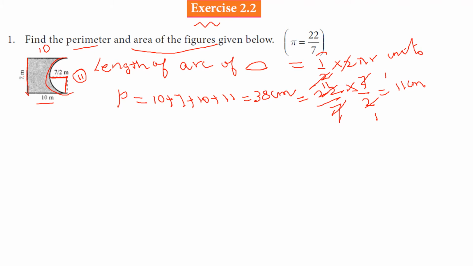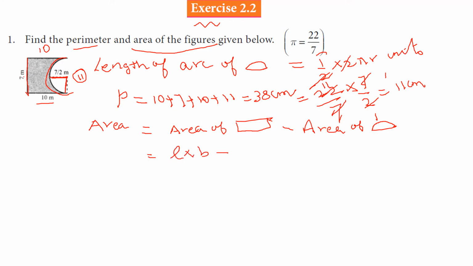Next, area. Area of the given figure. So area equals area of the full rectangle minus area of the semicircle. The area of a rectangle formula is L into B, and the area of a semicircle is half into pi r square units.